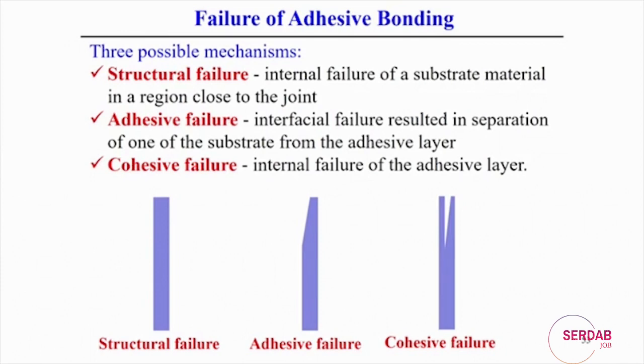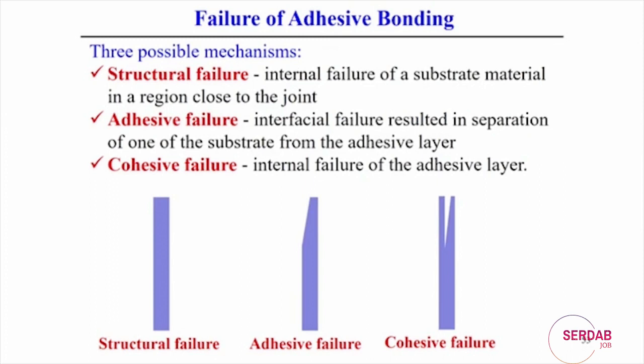So, the failure is more in the substrate material, not actually inside the components of the adhesive part. Then adhesive failure means interfacial failure, resulting in separation of one of the substrates from the adhesive layer. So, near the adhesive layer there is a failure.